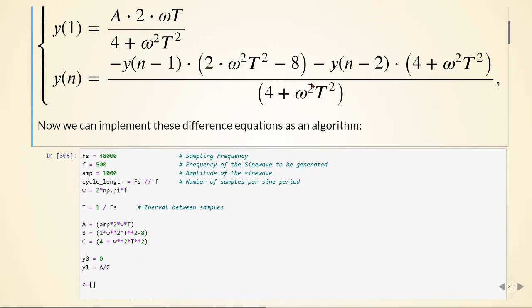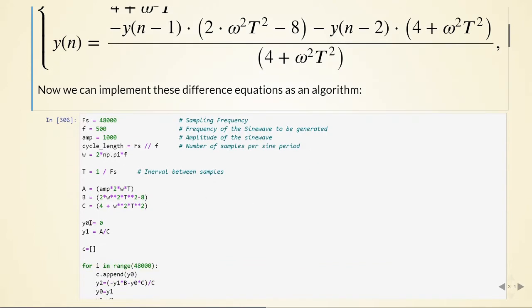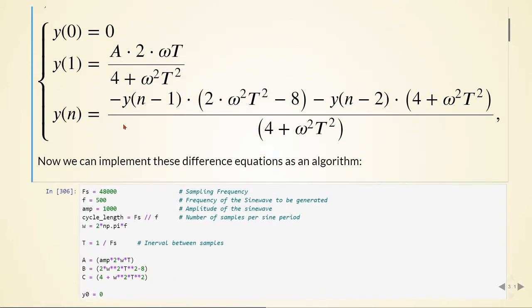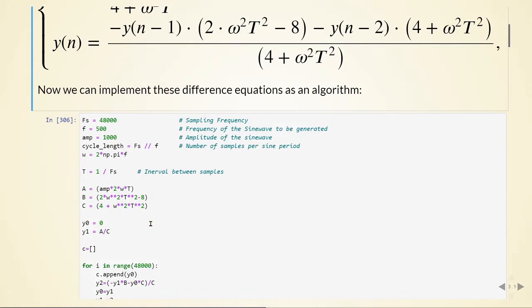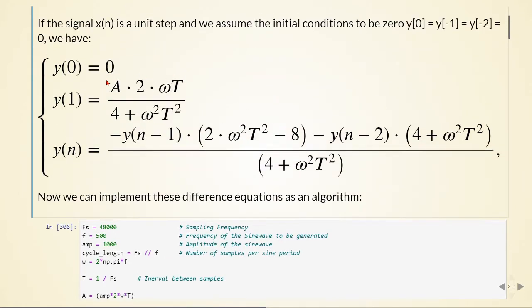And c is this that appears here and here, so it's 4 plus omega squared times T squared. Now I'm defining y of 0 equal to 0. Y of 1 is a divided by c.